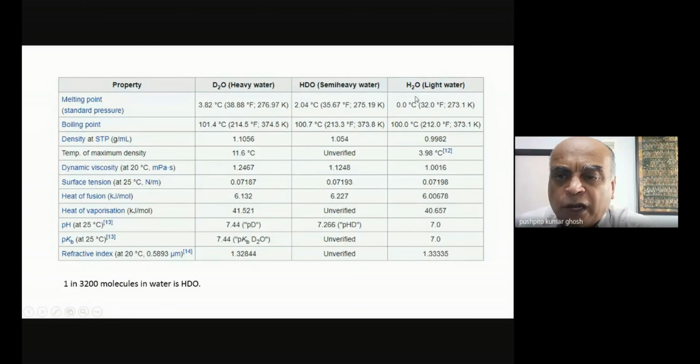Obviously the H2O will boil off first, so you collect it, and what I get at the bottom will have a little more HDO. Again, I do a fractional distillation. It's like doing a reflux business. And like that, I can continuously enrich HDO. And India has mastered this art of producing heavy water. And so we have a board in India known as the Heavy Water Board.